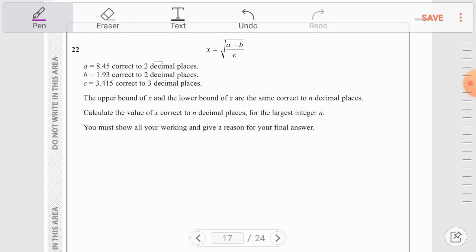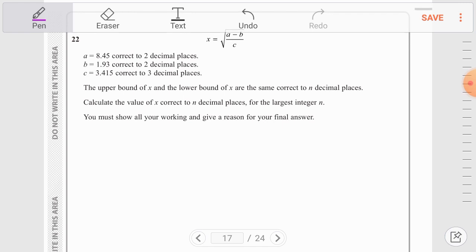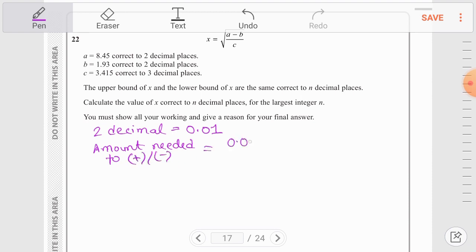As a was correct to 2 decimal places, that means the precision level was 0.01, and the amount we need to add or subtract from the value given for a is 0.01 divided by 2, that is 0.005.